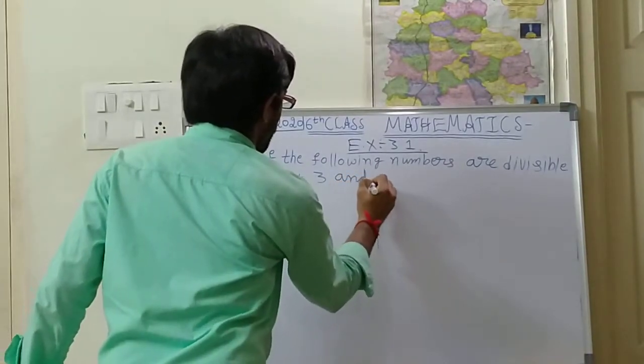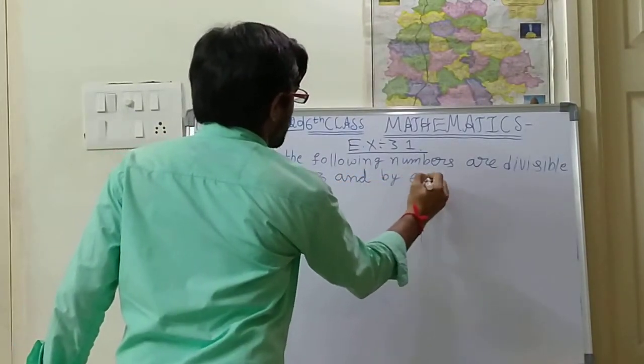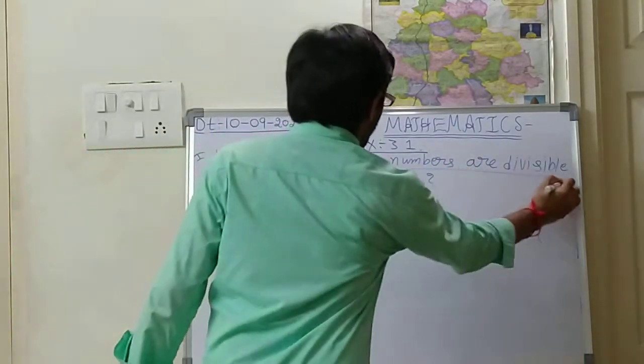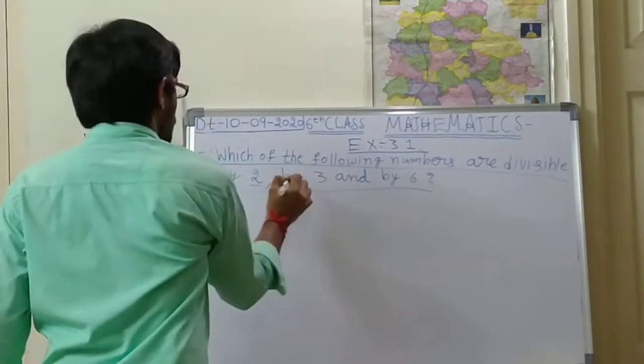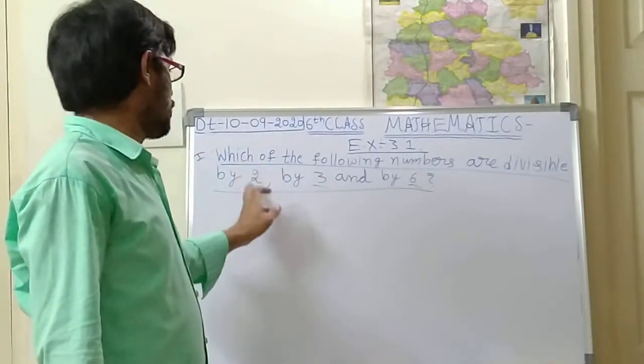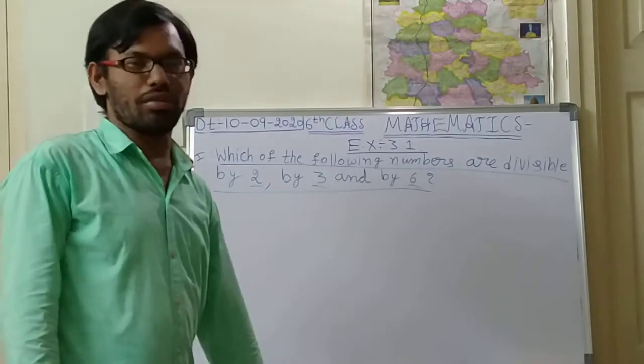So you are supposed to check which numbers are divisible by 2, by 3 and by 6.